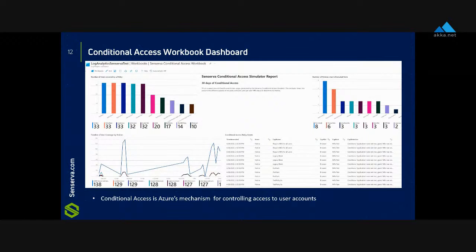And this was something that we built out to kind of visualize the data. As Mark mentioned earlier, we built out and send data to Log Analytics Workspace. And this is a workbook in Log Analytics Workspace that is built to bring in the data and visualize it. And the story around the dashboard here is around user access.